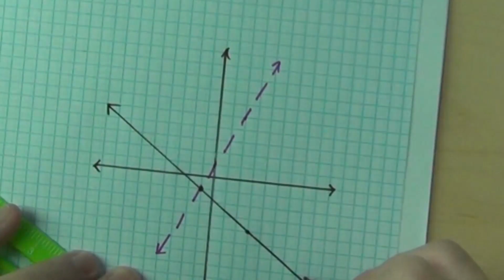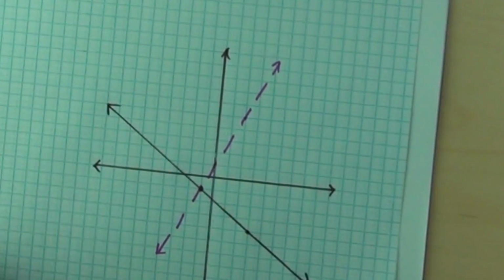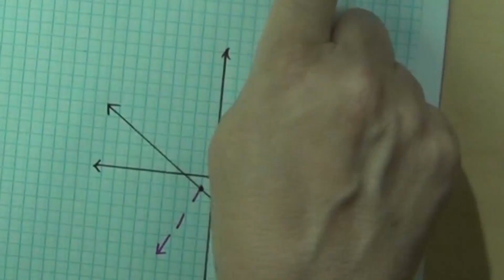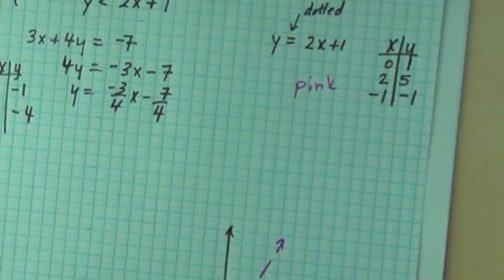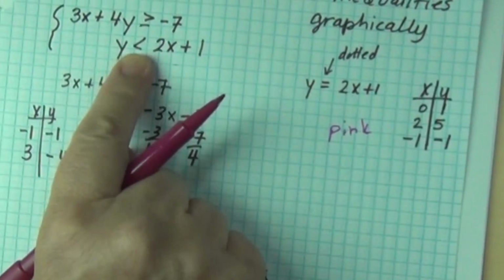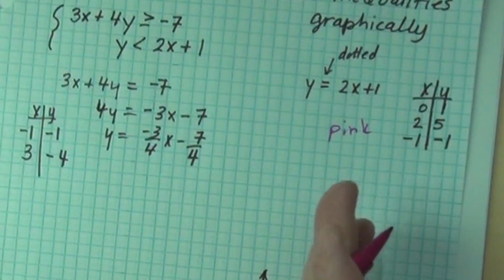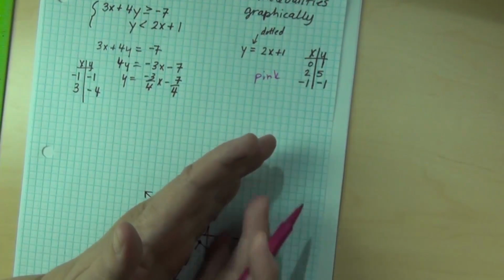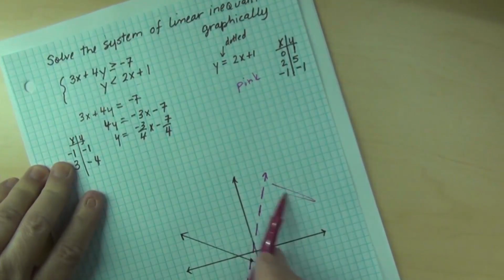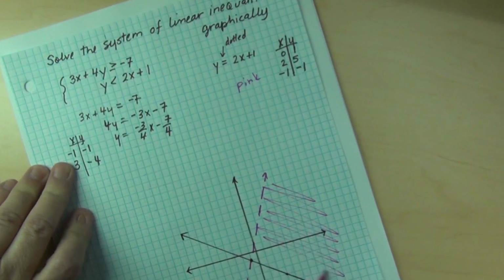All right, now we need to go back and shade. Initially with this first line, which I did in pink, I was supposed to shade where the y values are less than that. So when we look at this line, the y values would be less on this side because that's lower, and then we will test a point to verify that.